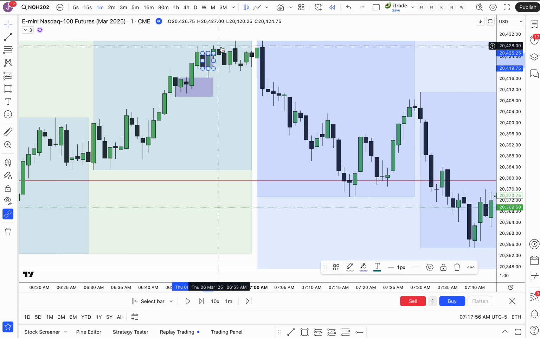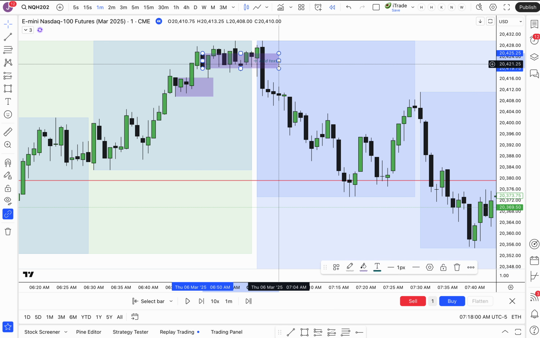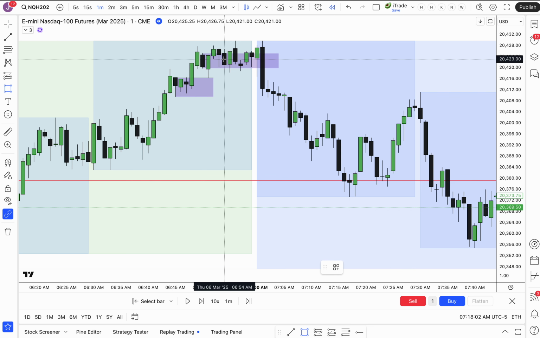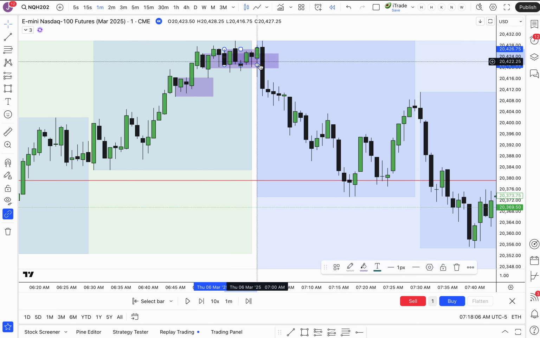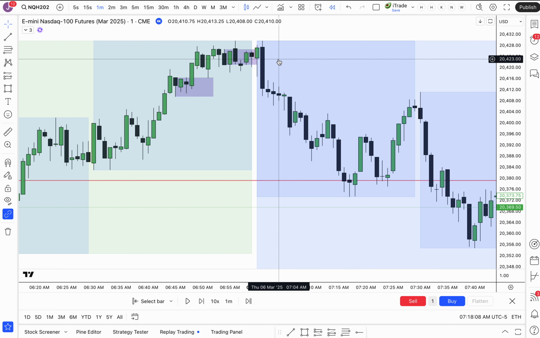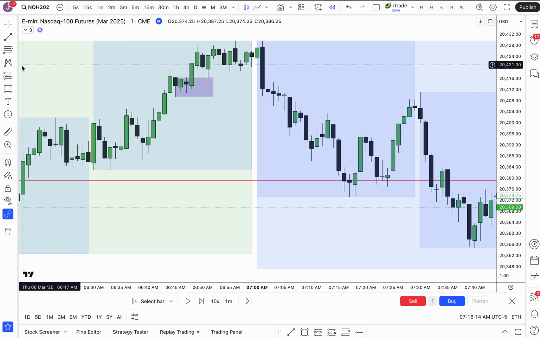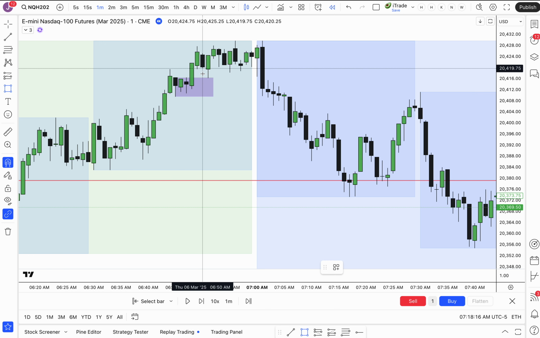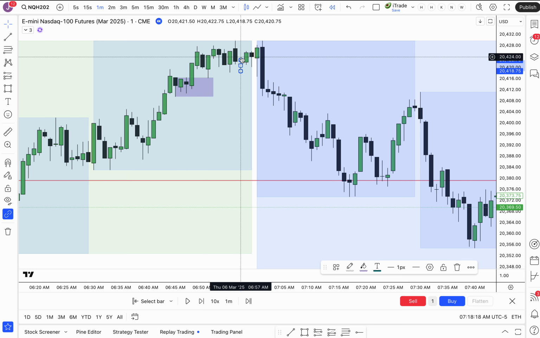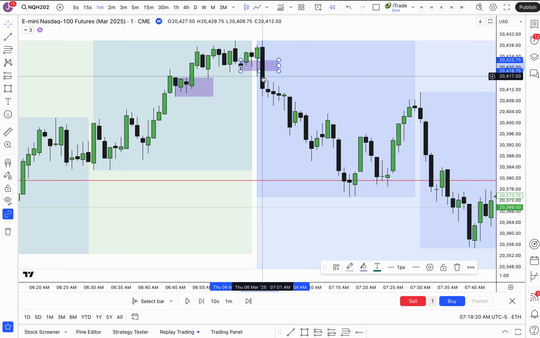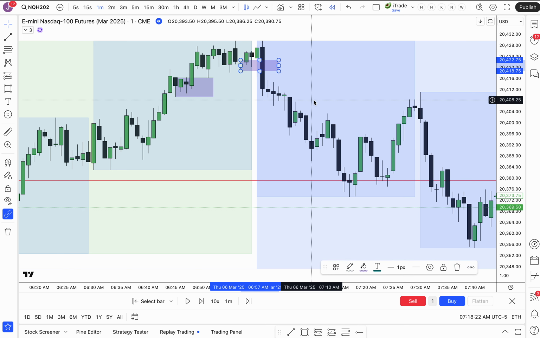Make a new high. We have this, we don't close below. And we make an equal high, and then finally we close down below all these. So I guess we'll use this one. We close down below, and then we change the state of delivery.